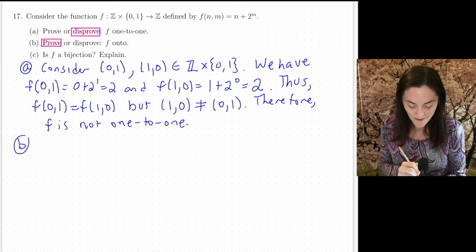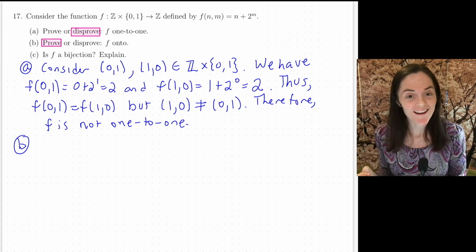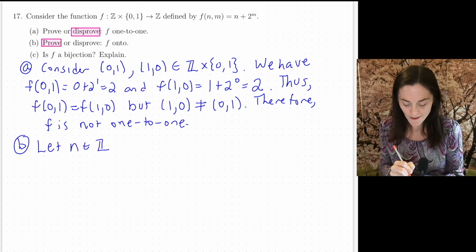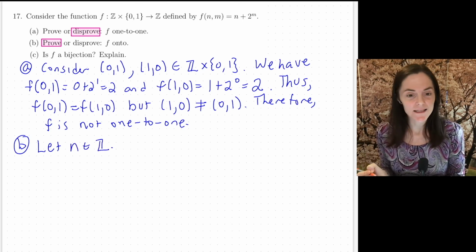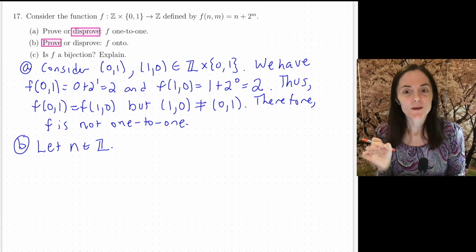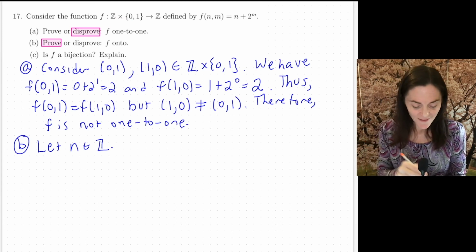Now for B, I have told you we are proving onto. Well, what we need to do is take an element in the codomain, and we need to find an element in the domain here that maps to it. So let me think for a moment. Okay, here we go.